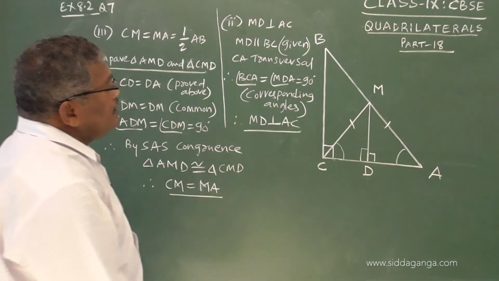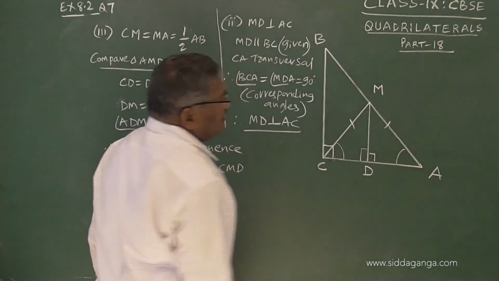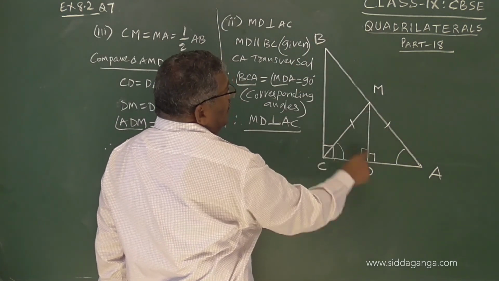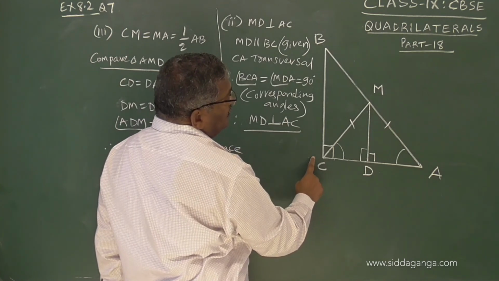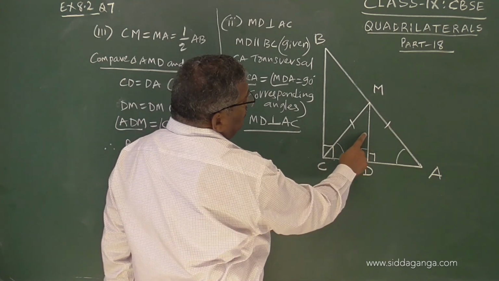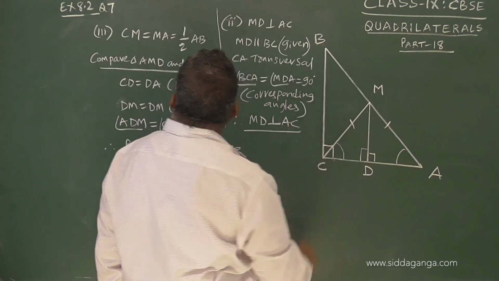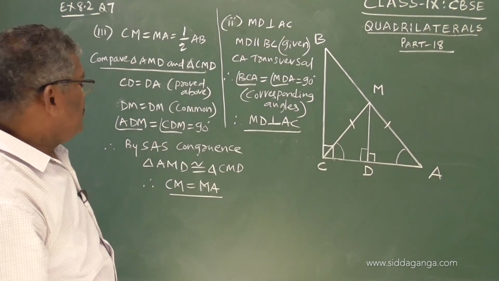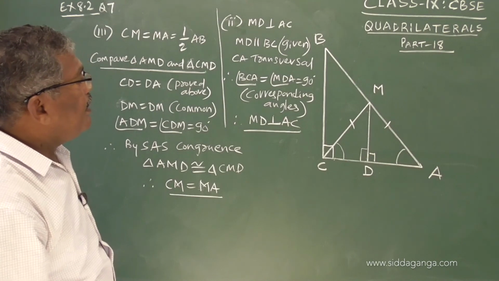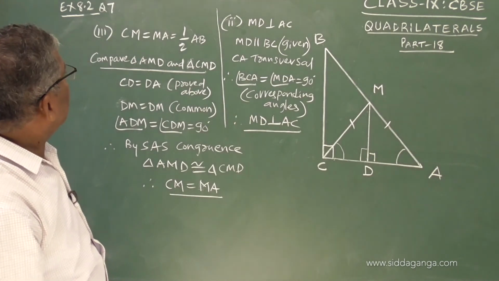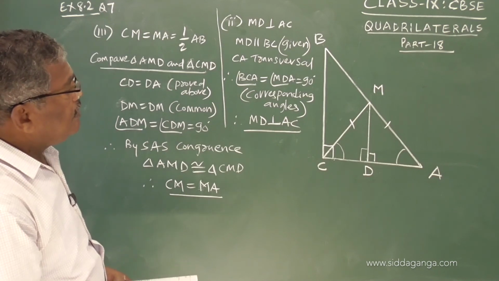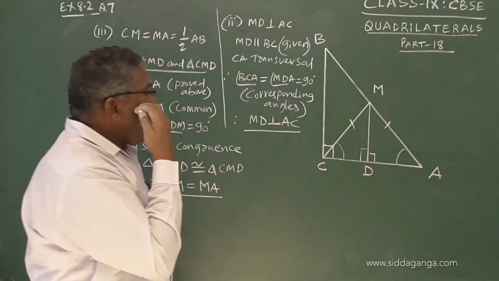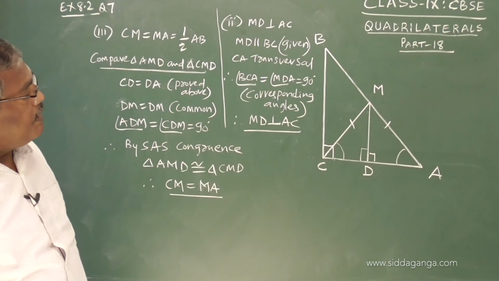And since M is the midpoint of AB, and MD is parallel to BC, so we will have MD is half of BC. So CM equals MA. We have proved that this and this are equal. Now half of AB.